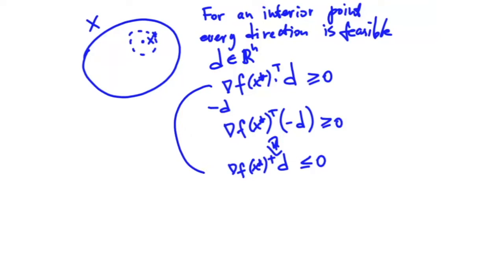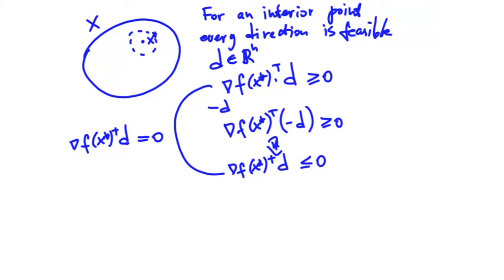So if I look at these two inequalities, both of these together are equivalent to stating that the gradient of f at x star transpose times d is in fact equal to 0. And this must be the case for every feasible direction d, and because every direction is feasible for an interior point, this must hold for any direction d.